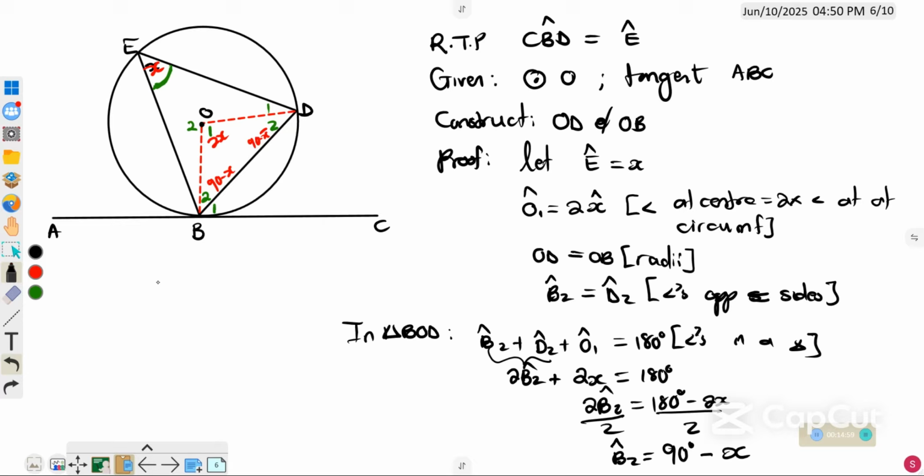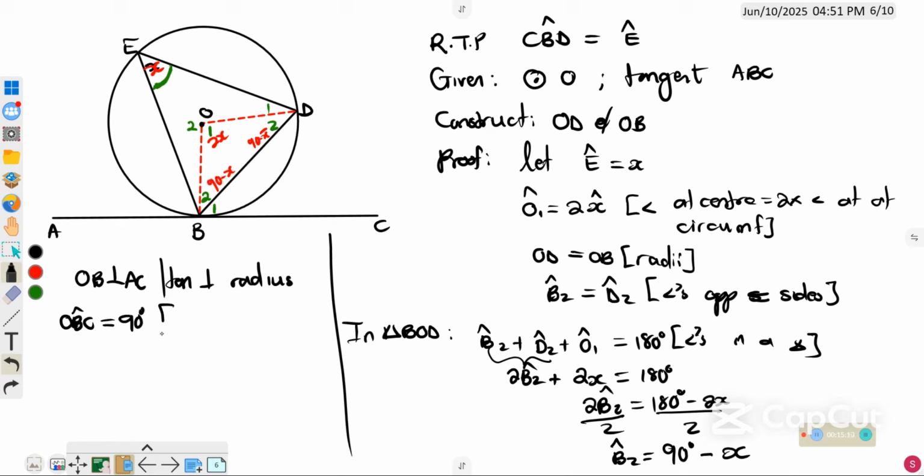But remember what we said. OB will be perpendicular to AC. Why is that? Because a tangent is perpendicular to a radius. And then from there, this means that the angle OPC, this angle right here, should be equal to 90 degrees, because OP is perpendicular to AC. Then this simply means that the angle B1 plus the angle B2 should give us 90 degrees. But we do have B2 to be 90 minus x from the previous step.